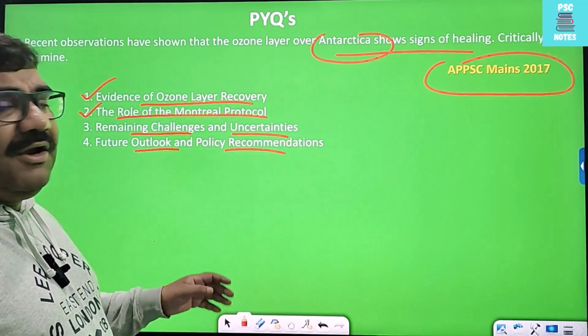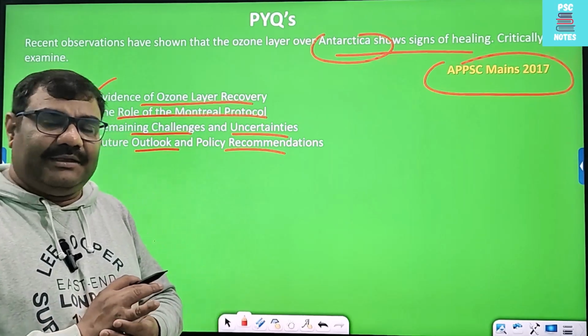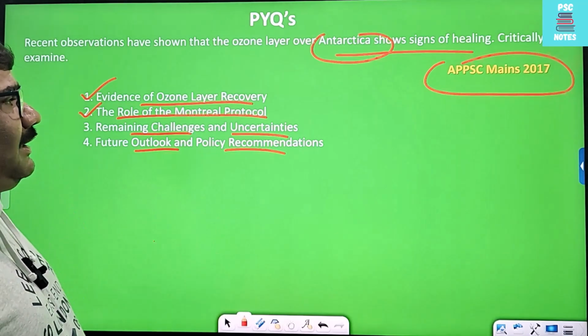I hope the diagram will be good, because in both environment and geography, diagrams will be beneficial. So this can be the diagram.